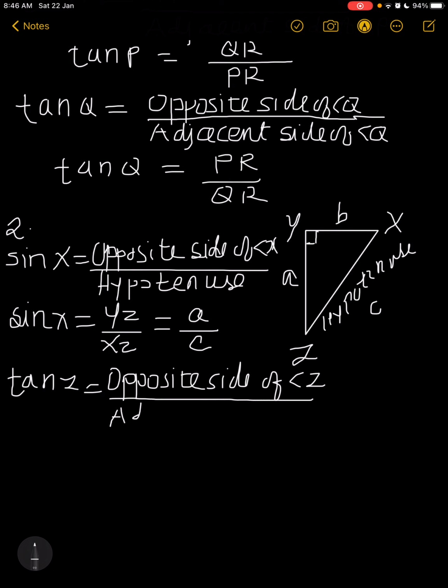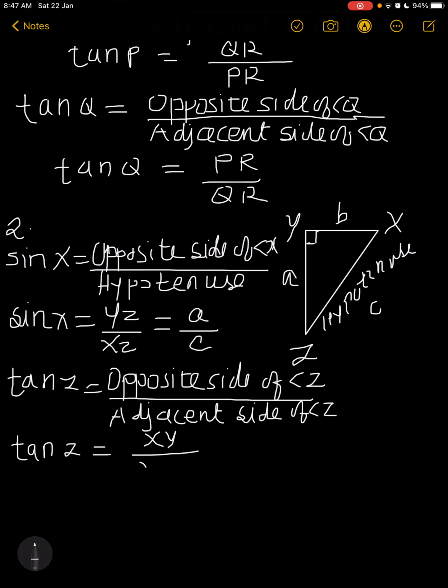So this ratio of the opposite side and the adjacent side of angle Z is called the tan ratio. Tan of angle Z: the opposite side of angle Z is XY, and the adjacent side of angle Z is YZ.